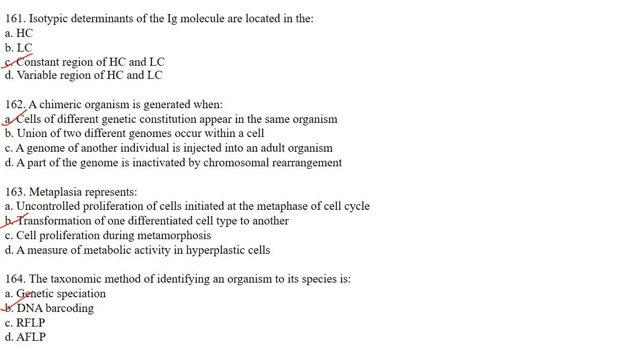So the answer here is transformation of one differentiated cell type to another. Answer is option B. Then the taxonomic method for identifying an organism to its species is DNA barcoding. Answer is option B.